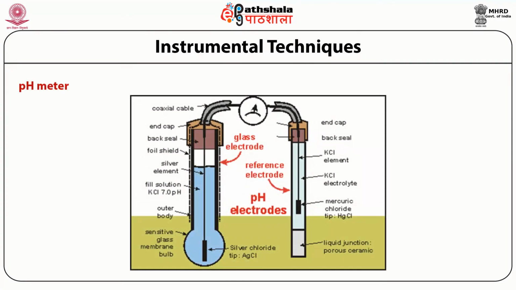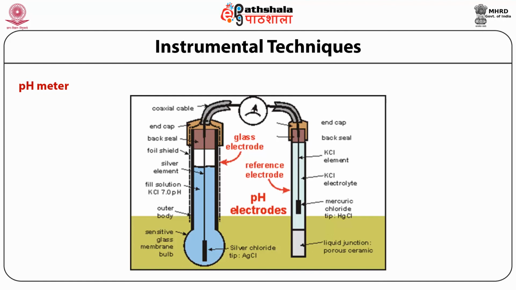This picture shows the schematic representation of the pH electrode. In this electrode there is a bulb at the bottom. This is a glass bulb with a very sensitive glass membrane, and it is immersed with the silver chloride electrode, which works as a reference electrode, and this electrode is filled with a solution of concentrated potassium chloride so that it works as an electrolyte.